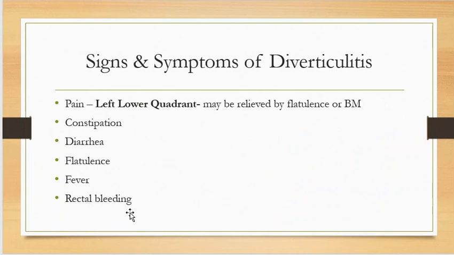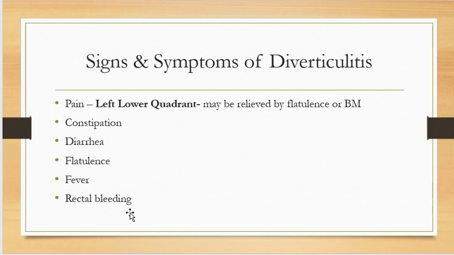So what are the signs and symptoms? The most common cause of this is colon disease, which is usually due to poor diet. We have a high processed food diet, low in fiber, and that can be a cause of diverticulitis. And we can have complications of diverticulitis.